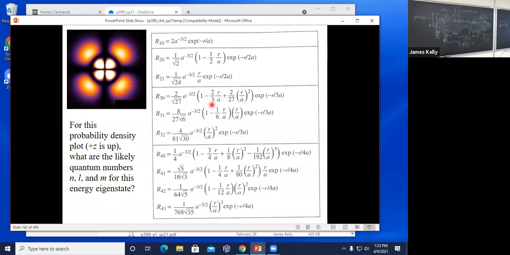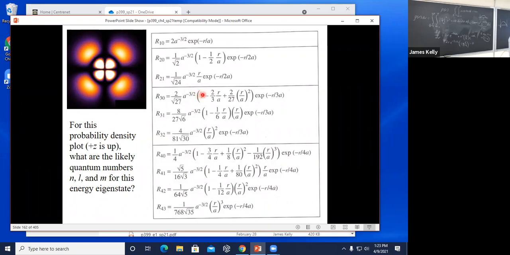But even more importantly, what's going on at r equals 0 in this equation? Is this factor 0 at r equals 0? No, the exponential is going up to a constant at r equals 0. Is this polynomial 0 at r equals 0? No, when r equals 0, it goes to 1, and then I've got another constant. So it's definitely non-zero at r equals 0, and the picture looks like it's going to 0 there. So it can't be this one.